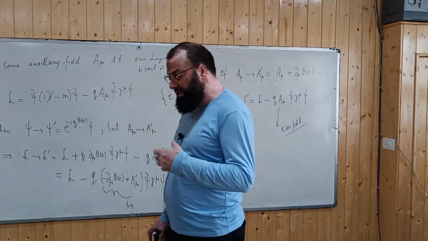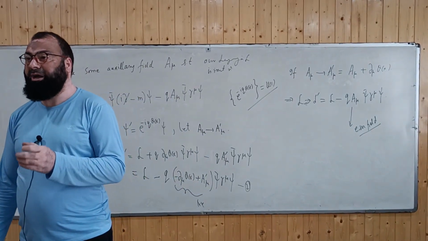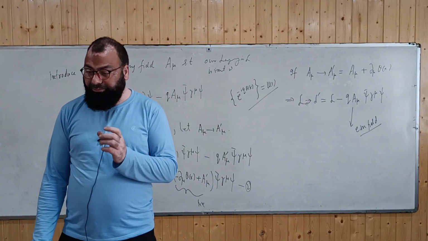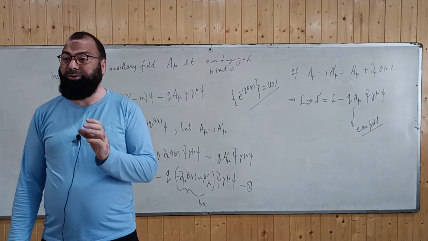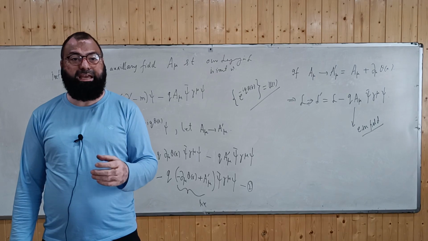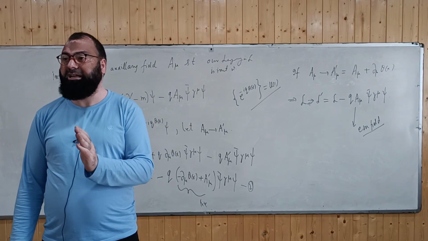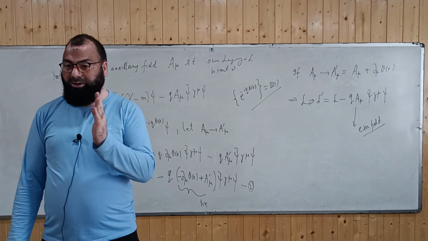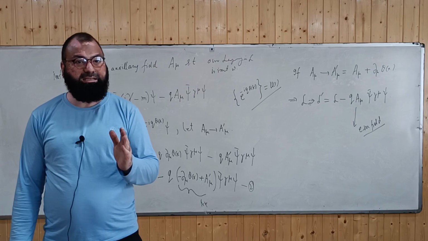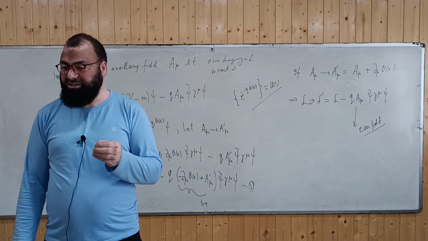So to make a given Lagrangian invariant, we have introduced a term which fixed this invariance. Clear? Got it? And we identified that term with a gauge field. And this procedure of reducing a global symmetry to a local symmetry is called gauge fixing, and the hypothesis is known as the gauge principle.